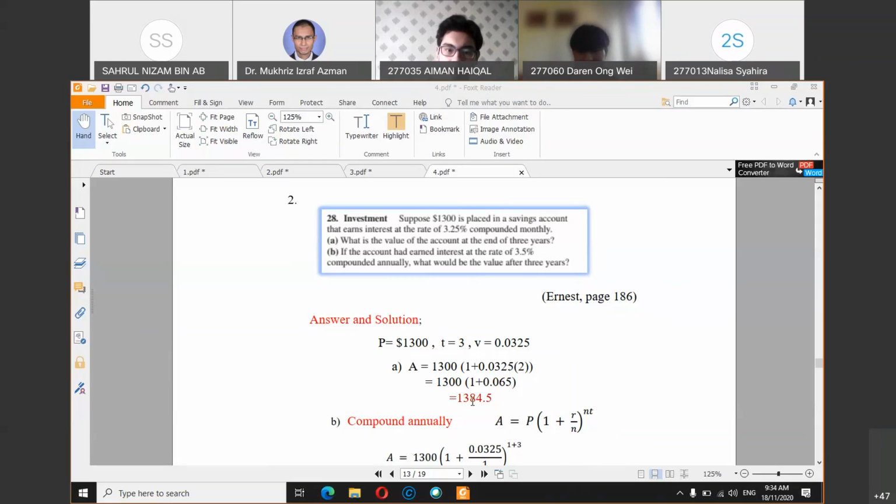But is the answer correct or not? The answer is 1,426.75. Okay, but this 3.25% is compounded monthly. So you get 3.25% on a monthly basis or on a yearly basis.